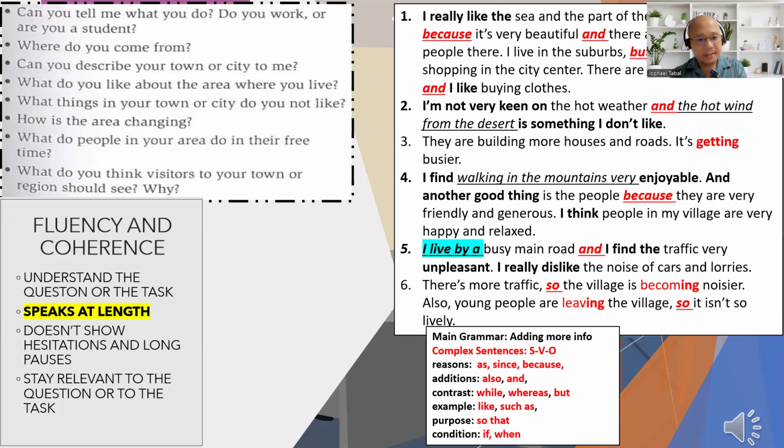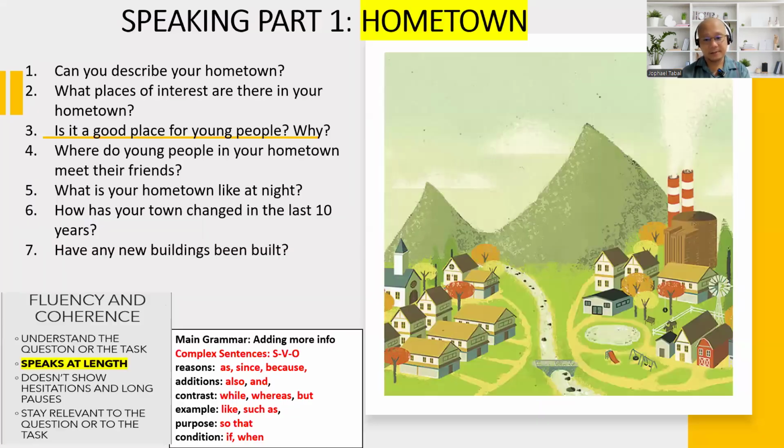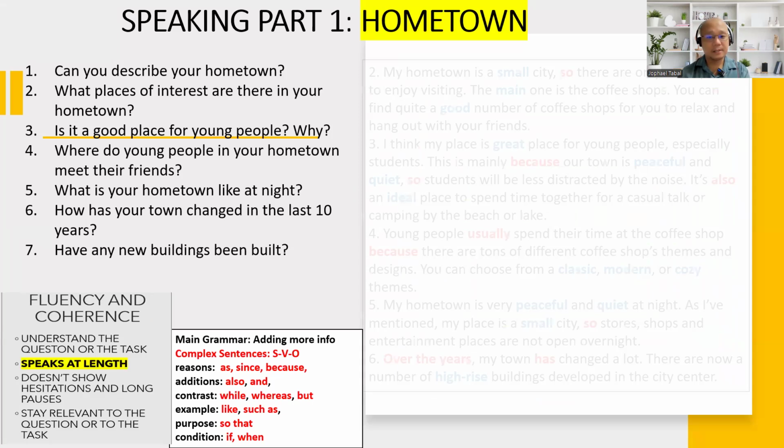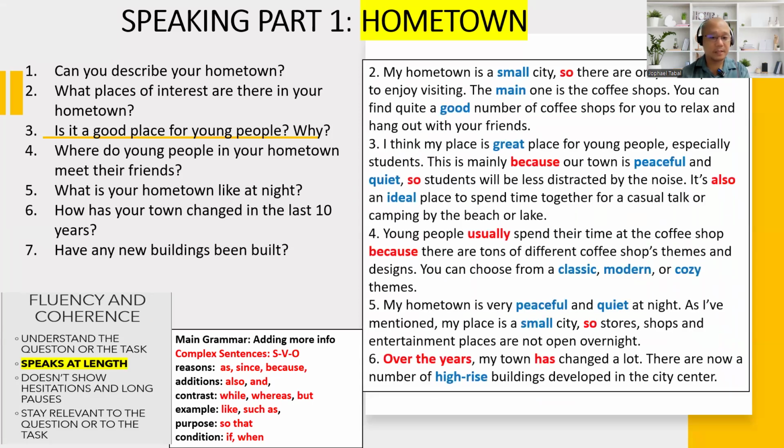Okay, so again, as you hear from the example answer there, the candidate tried to speak at length. Again, in speaking at length, one is expected to use complex sentences. Now here's another example for speaking at length.